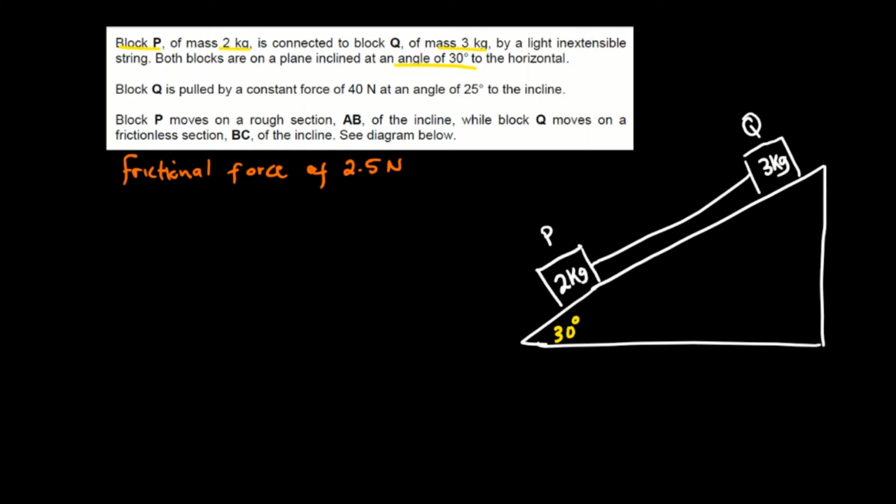And then block Q is pulled by a constant force of 40 newtons at an angle of 25 degrees to the incline. So we are told that block Q is pulled by a force that is 40 newtons at an angle of 25 degrees.